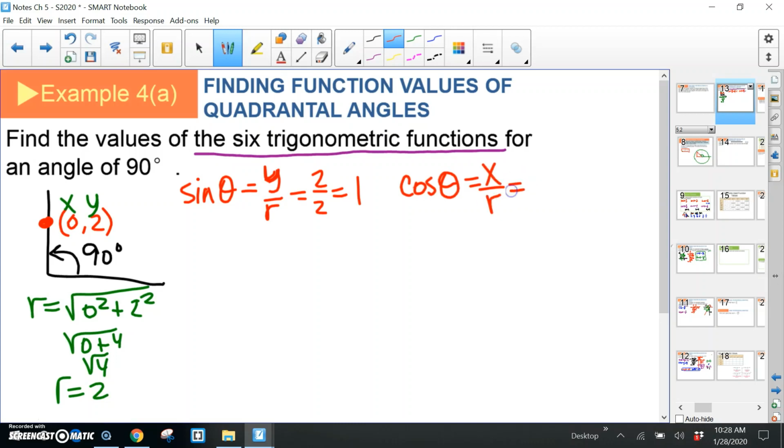X over r, that's 0 over 2, which is 0. Tangent theta, it's y over x. That's 2 over 0. That's undefined.